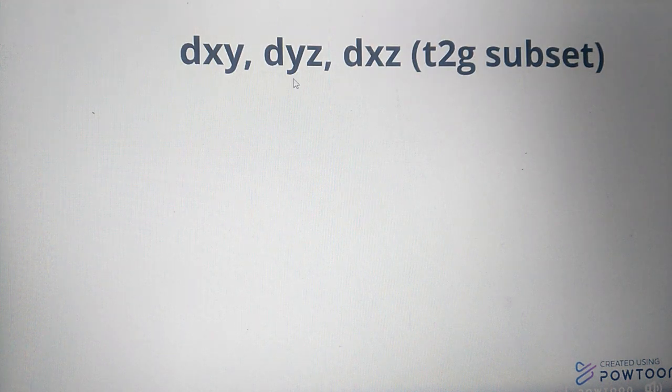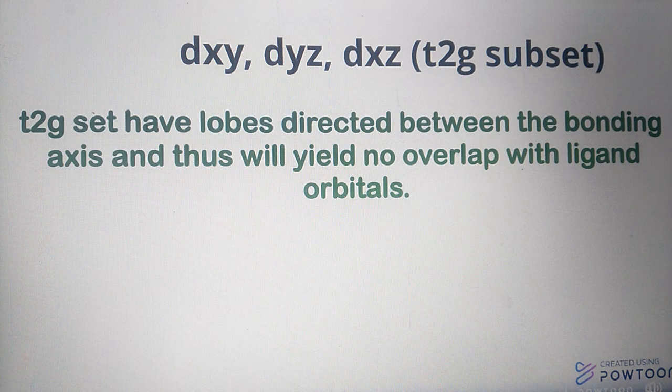In ligand field theory, dxy, dyz, dxz is called the t2g set, a triply degenerate set, a group of three orbitals which have the same energy, and g indicates gerade. The t2g set has lobes directed between the bonding axes, and thus will yield no overlap with ligand orbitals.